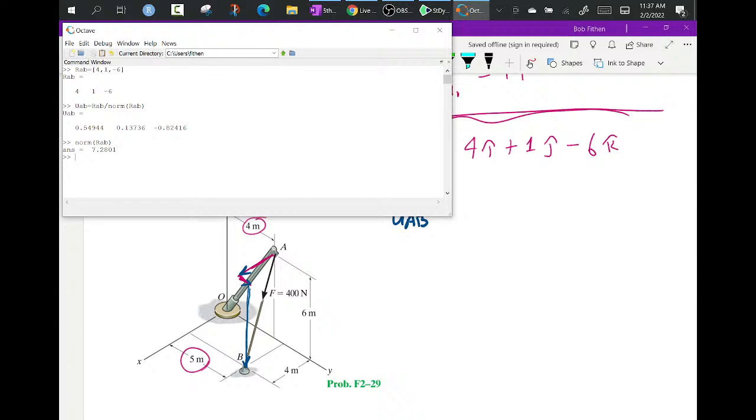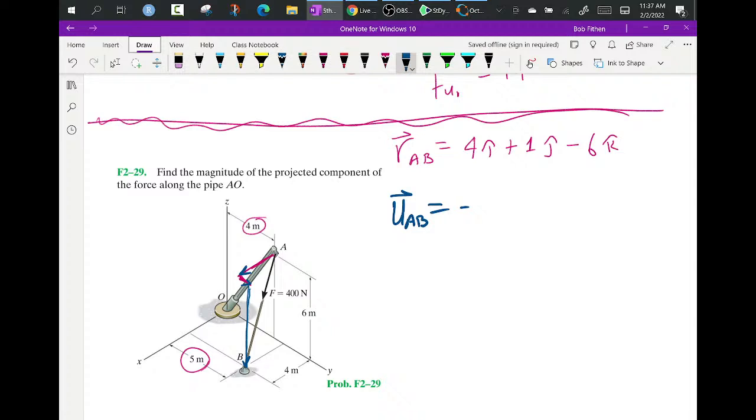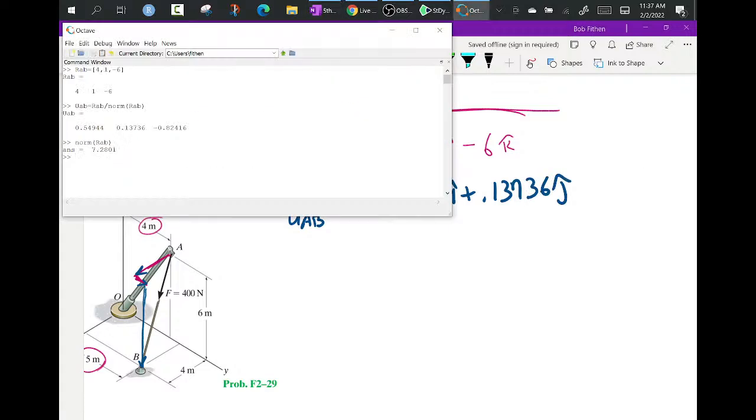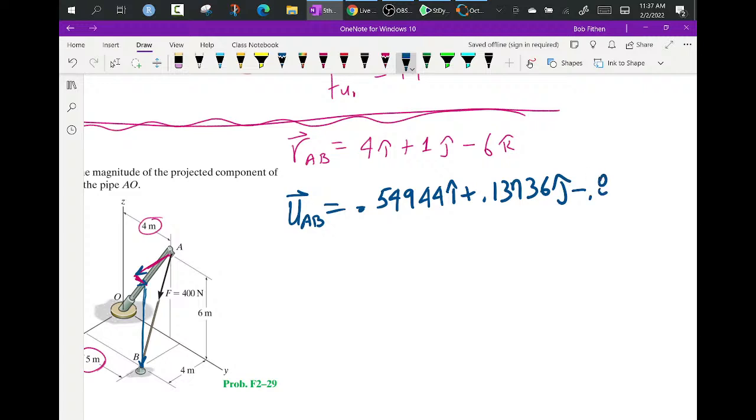Okay, so I get 0.549. So the unit vector is 0.54944 I plus 0.13736 J, is that right? Minus 0.82416 K, that's the unit vector.